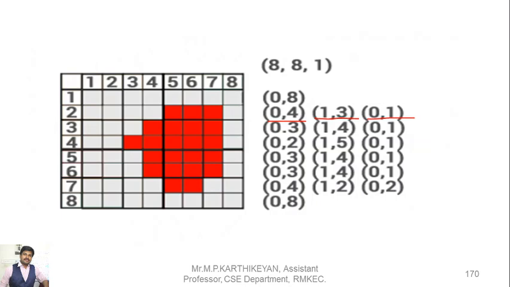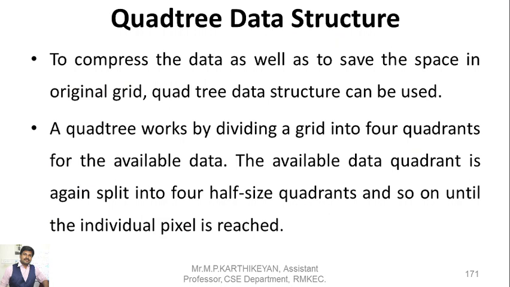What will be for row number 7? 0 comma 4 indicates that the first 4 cells are of 0 value, and 1 value is given for the next 2 elements and 0 is given for the last 2 elements. This is one type of encoding with both the shaded area and the unshaded areas.